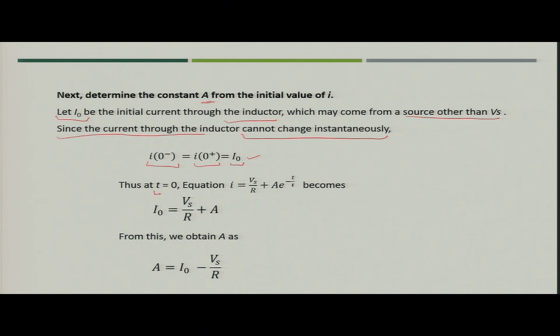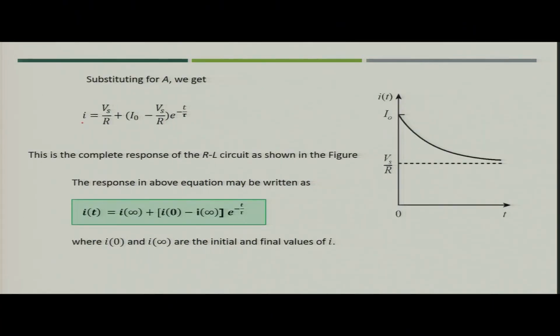Now, what will happen at time t equal to 0? If you put t equal to 0, the exponential will become 1, and I naught would be nothing but Vs by R plus A. So, A can be simply represented as I naught minus Vs by R. If you put the value of A, you will get the equation as Vs by R plus (I naught minus Vs by R) into e to the power minus t by tau.